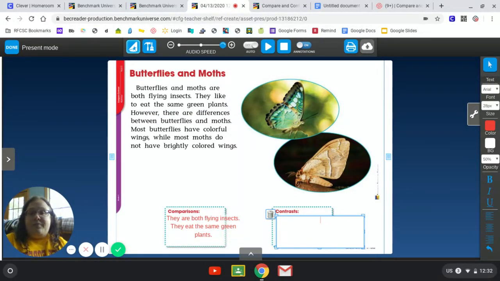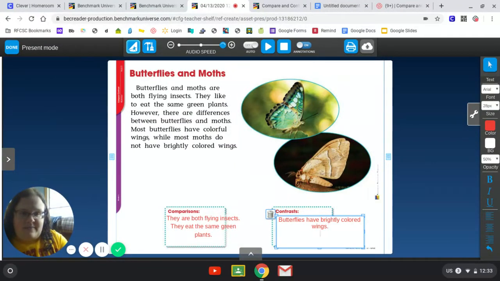Well, it looks like there's something that says, butterflies have colorful wings, while most moths do not have brightly colored wings. So let's note that butterflies have brightly colored wings.